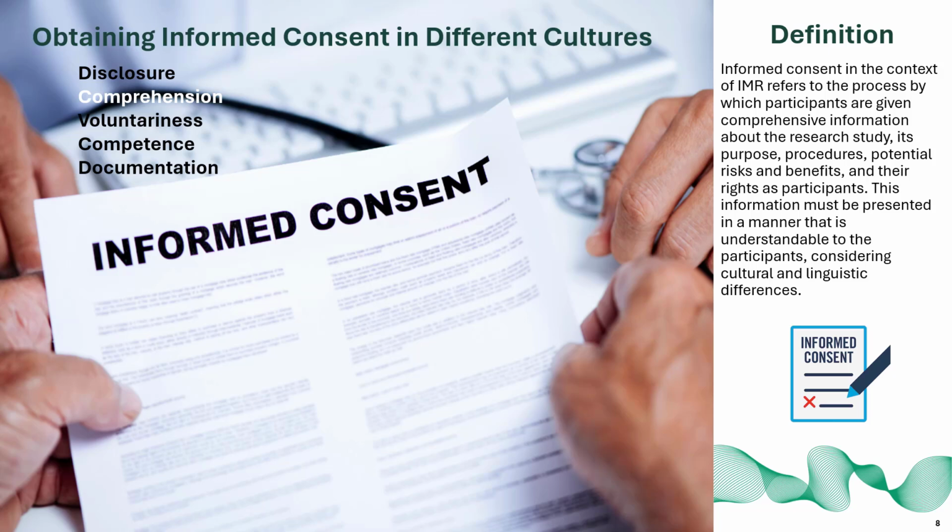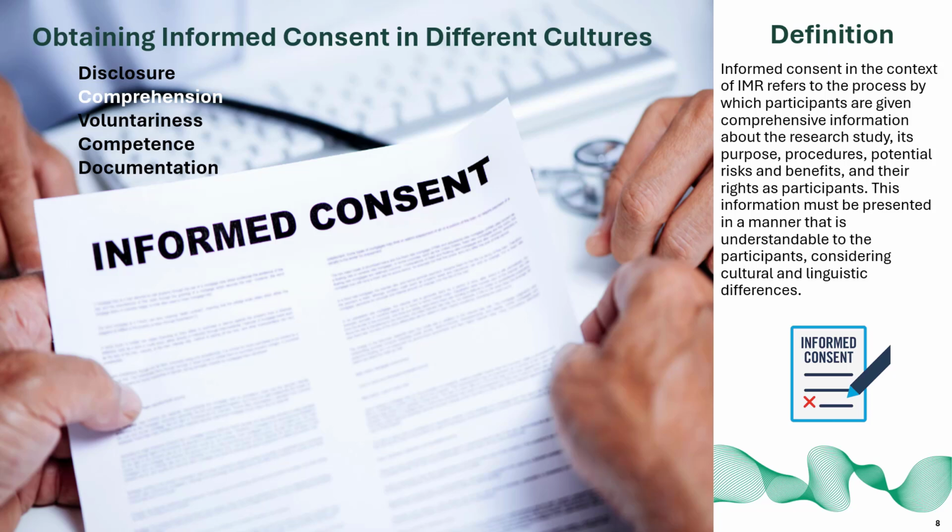Now, in international research, it is particularly important to consider the cultural context and to adapt the informed consent process to ensure that it is effective. This may involve translating consent forms, using culturally appropriate communication methods, and addressing any specific concerns that participants may have based on their cultural or societal norms. For example, in the European Union, utilize clear, straightforward language, avoiding legal jargon.